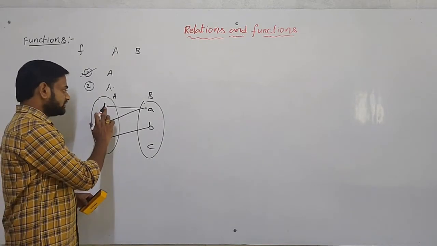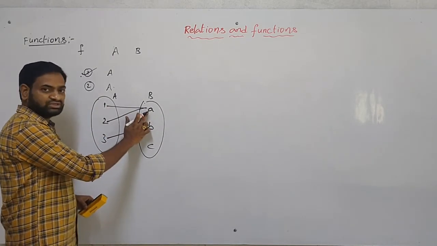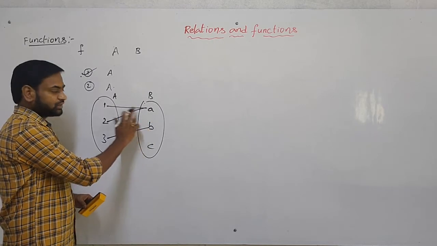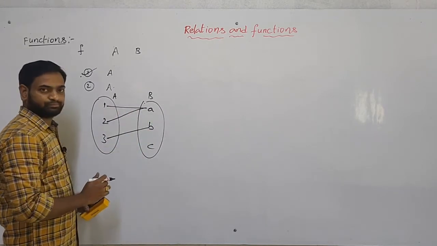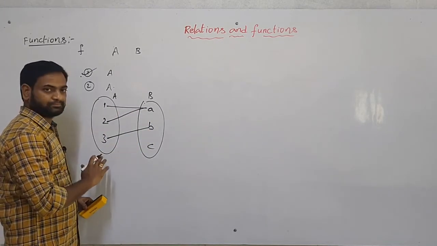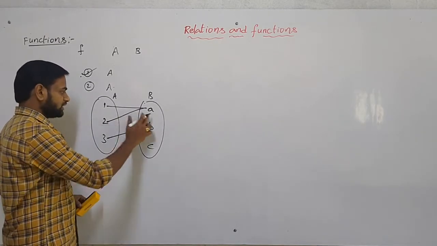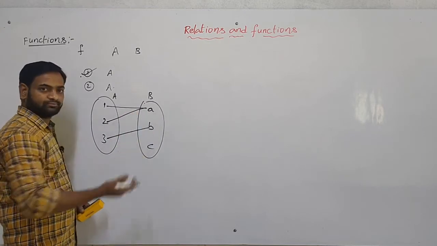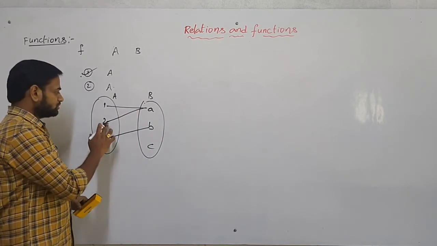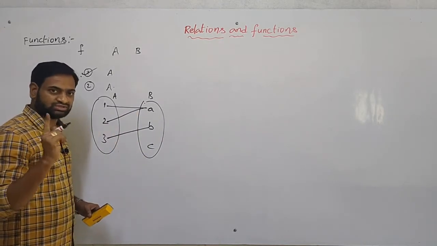See here. For 1, how many images are there? Only one image, A. 1 is mapped with A only. 2 is mapped with A. It means 2 to A. So the image of 2 is also A. So 2 also has only one image.